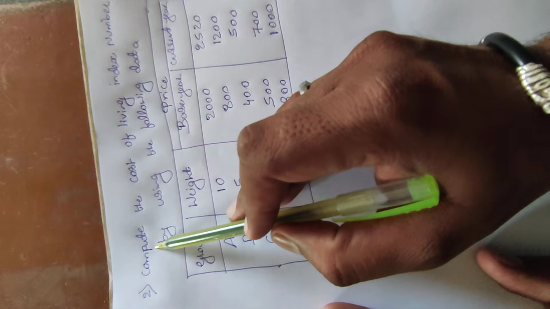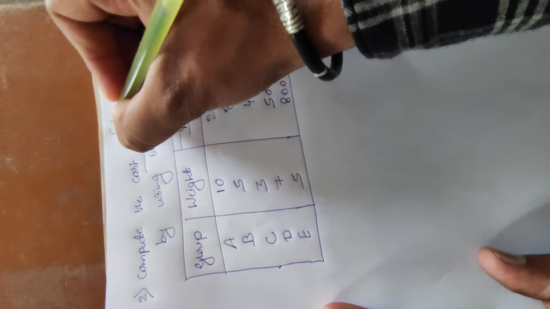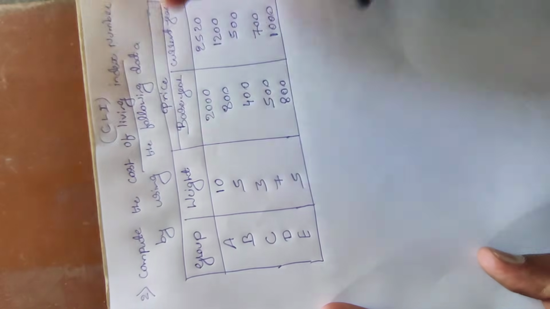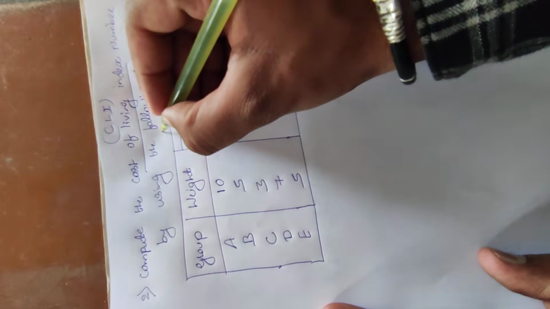Second problem: compute the cost of living index, CLI, cost of living index number, using the following data.